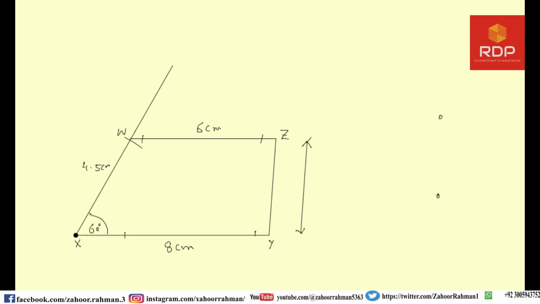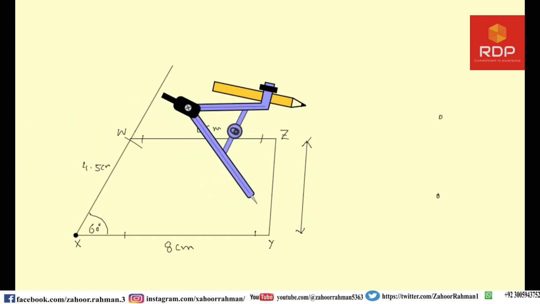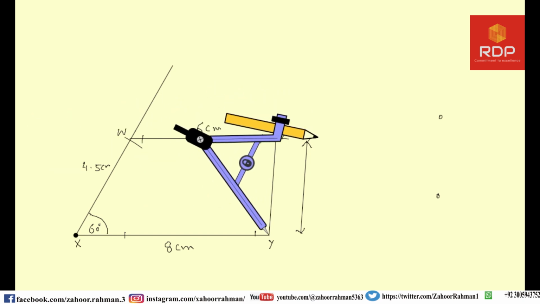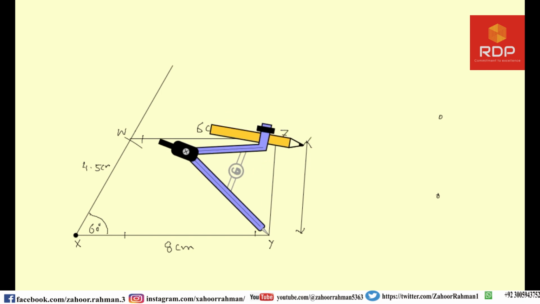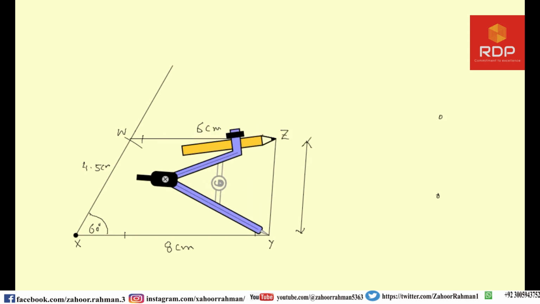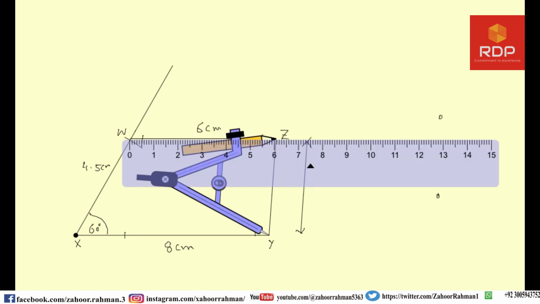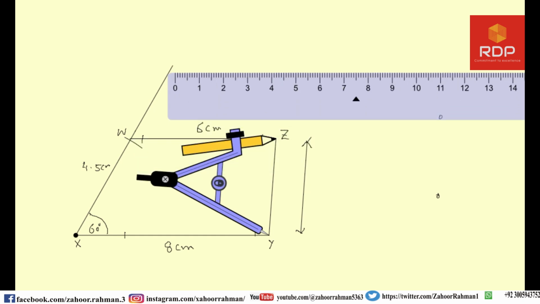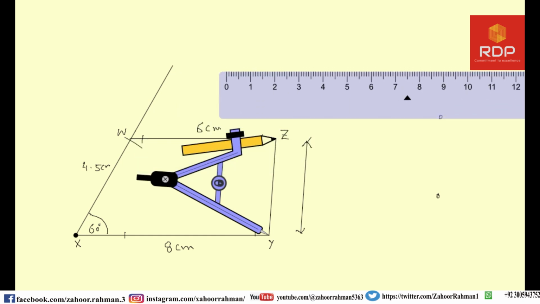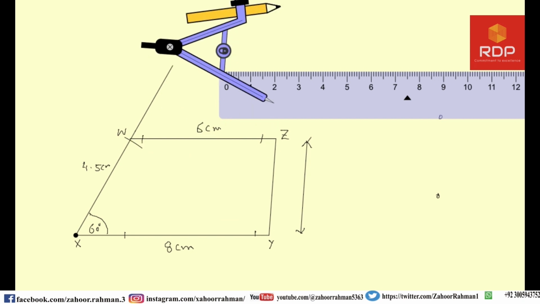So let us measure it by the protractor, because moving that ruler is very difficult. So we are opening and closing, and then we have to measure this.